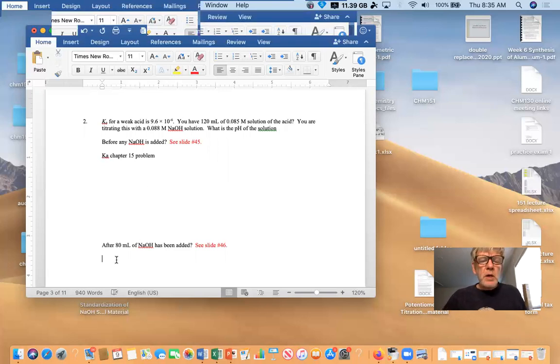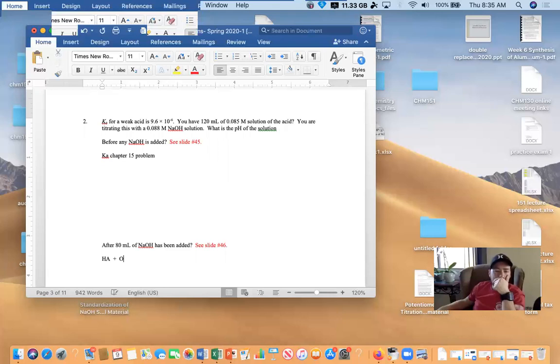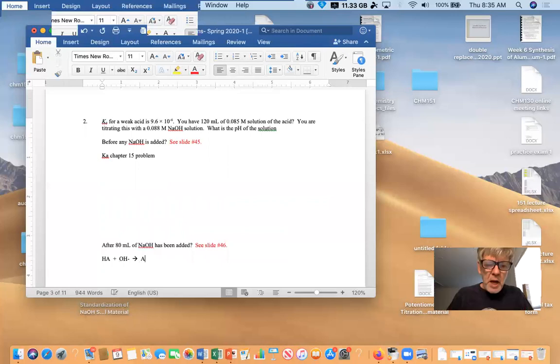Now on this one, it's the reverse of question number 1. So now we have our weak acid reacting with our strong base to give the conjugate base plus water. And we don't care about water.